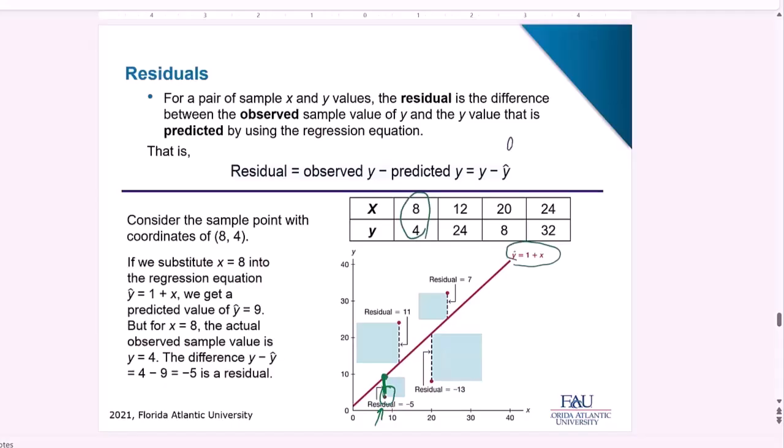That's our predicted value. My actual value of Y is 4 from the table. This equals -5. The distance from this dot to this line is -5 as stated there. Now we can go through and do that for all of our values.